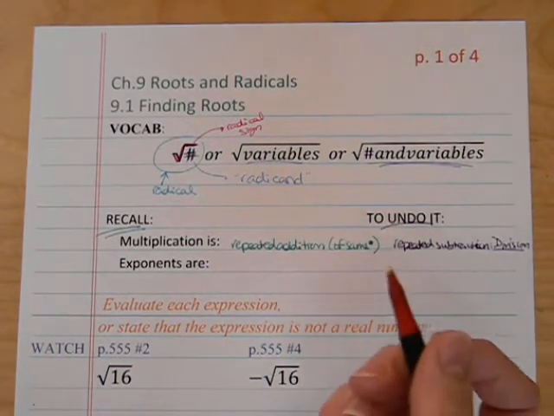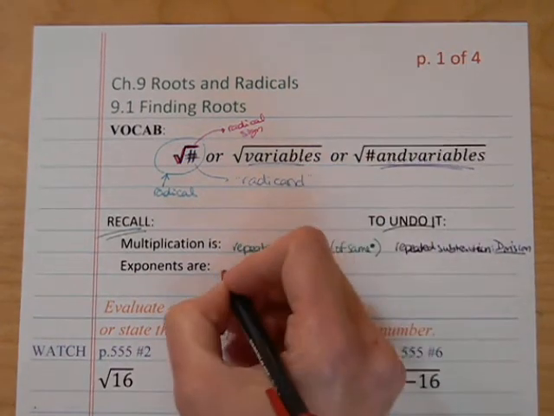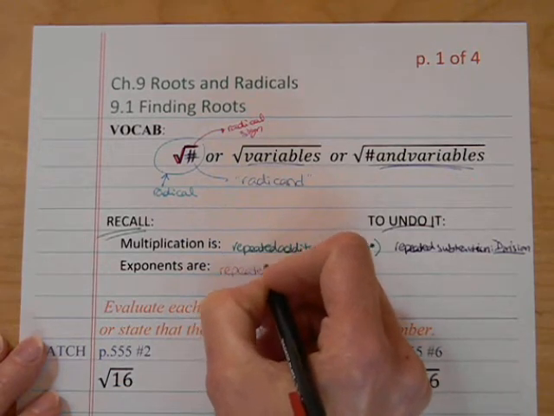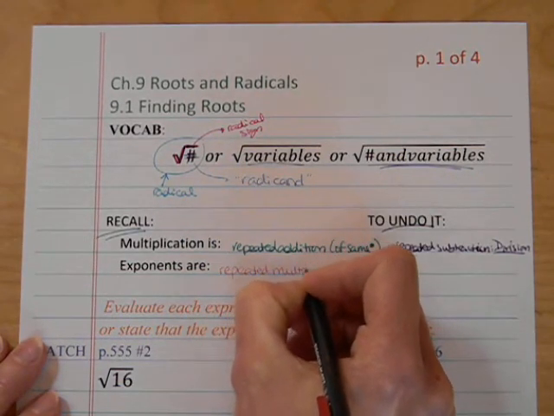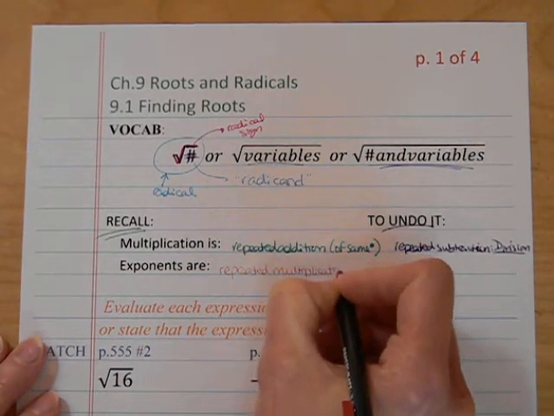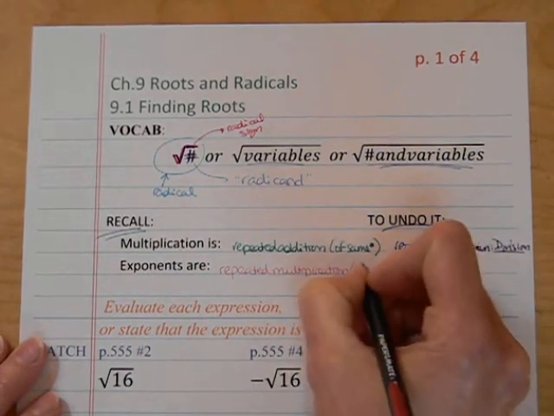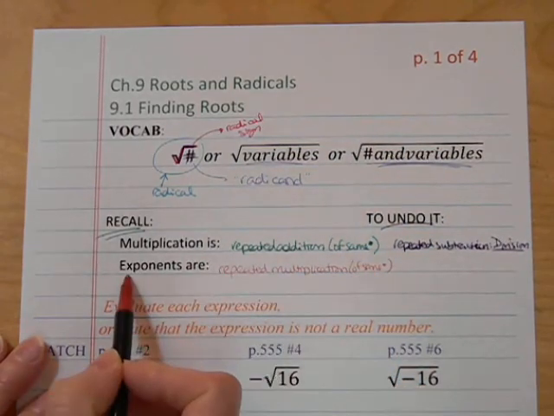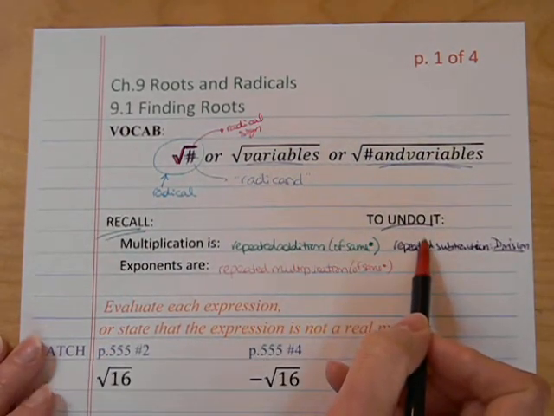In the same way, exponents are a way to represent repeated multiplication of the same number. And if you have an operation, you can undo it. There's always an opposite operation.